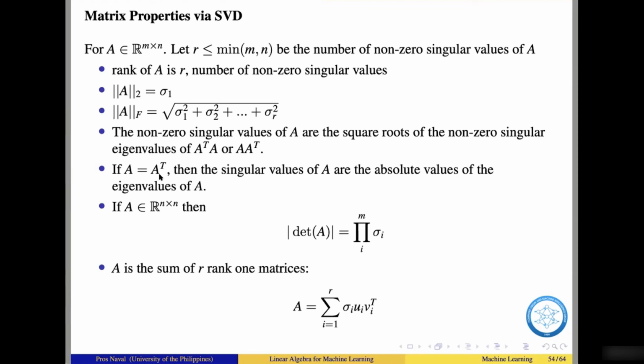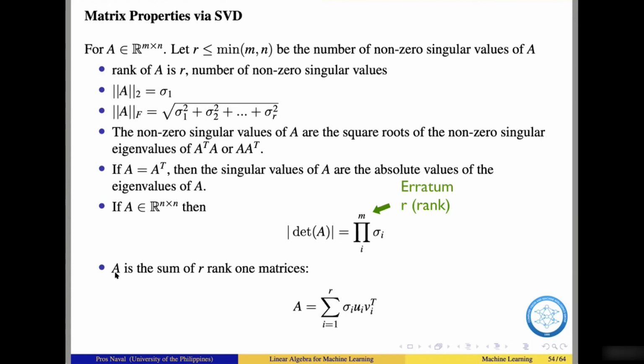When A is equal to A transpose, the singular values of A are the absolute values of the eigenvalues of A. If A is a square matrix, then as before, the absolute value of the determinant of A is just equal to the product of the singular values. So this is wrong, this should be r.